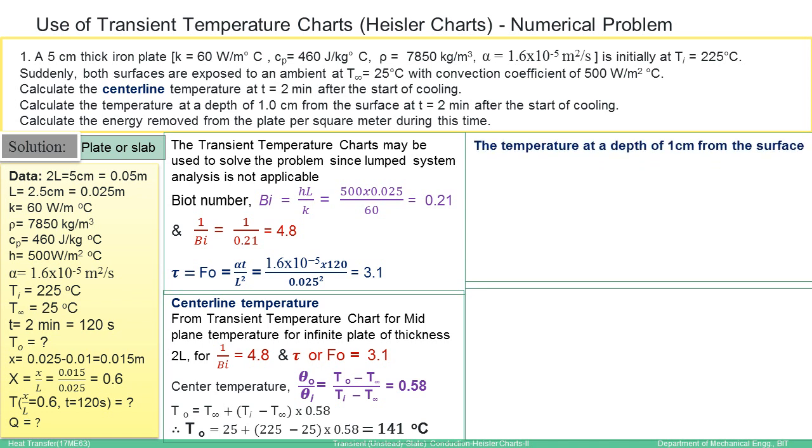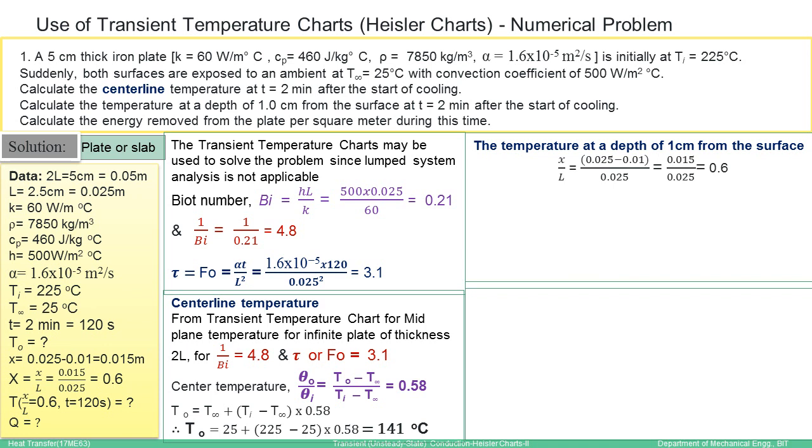The next point, the question is temperature at a depth of 1 centimeter from the surface. That is, x is to be measured from the center line. From the center line till the surface, the distance is L because it is a semi thickness. But this x in the dimensionless coordinate is measured from the center line.